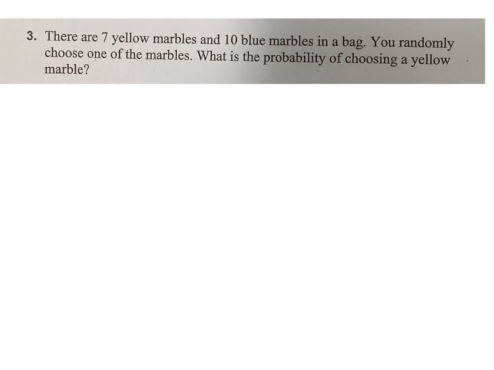There are 7 yellow marbles and 10 blue marbles in a bag. You randomly choose one of the marbles. What is the probability of choosing a yellow marble? So the favorable outcomes would be 7, and the total is the 7 yellow and the 10 blue, so that's 17. So when you do 7 divided by 17, you get 0.41176447.